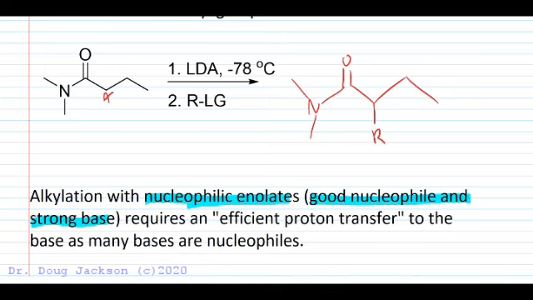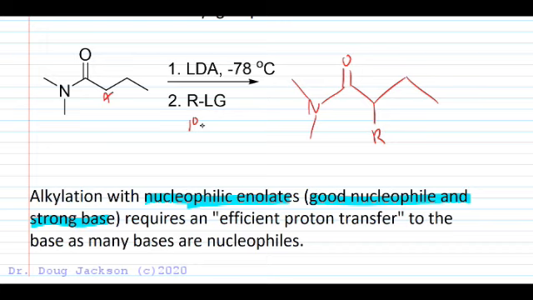That means this group would most likely need to be a primary group, whether it's a primary bromide or a primary tosylate, something that would allow SN2 to be favored over elimination. We're going to see that those are typically primary halides to add on that alkyl group.